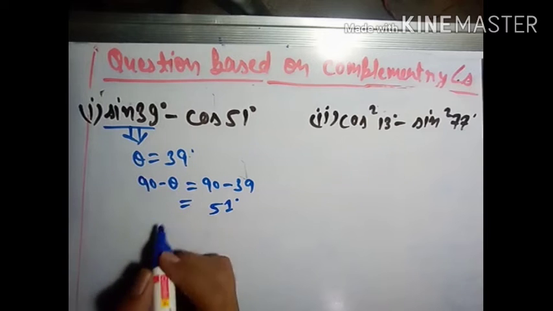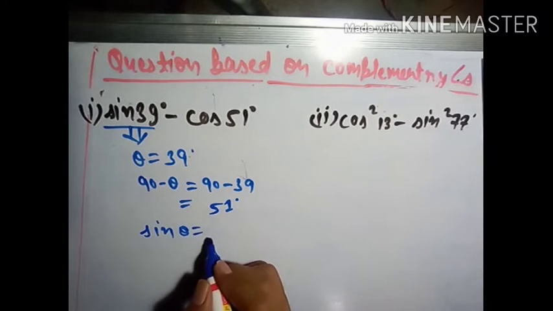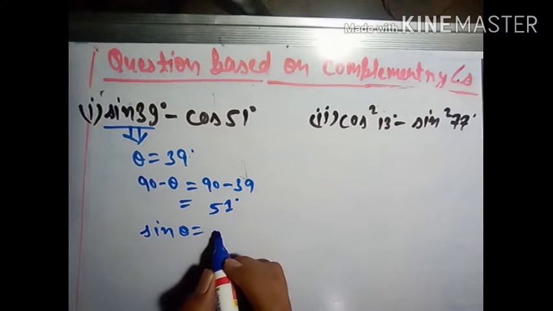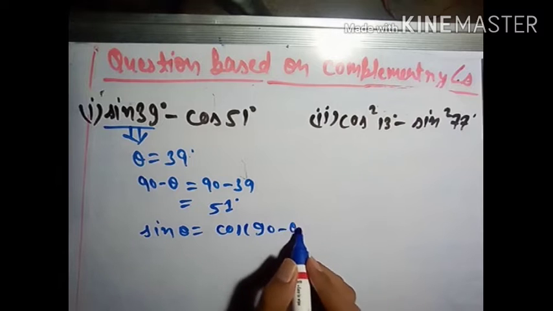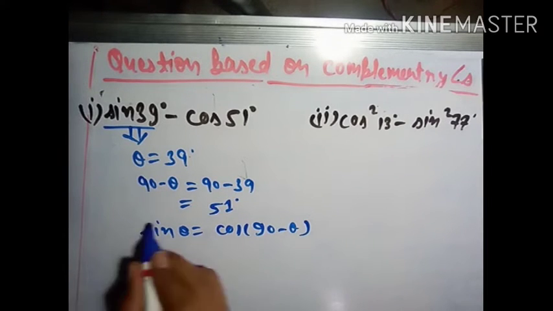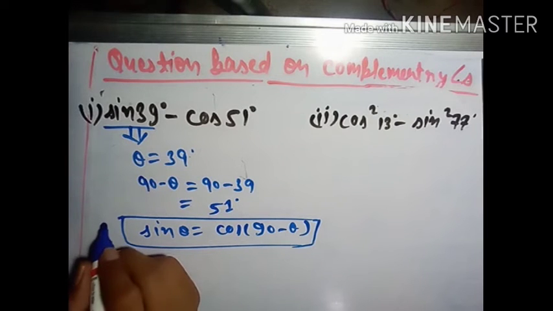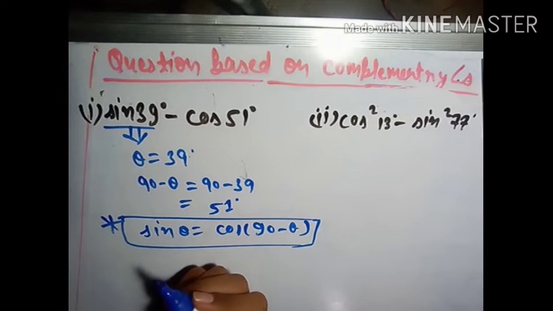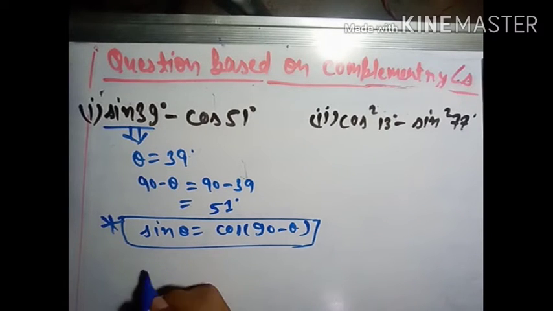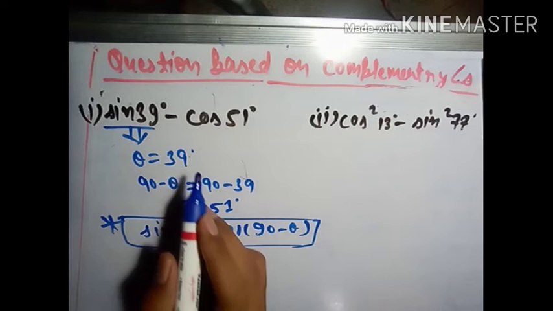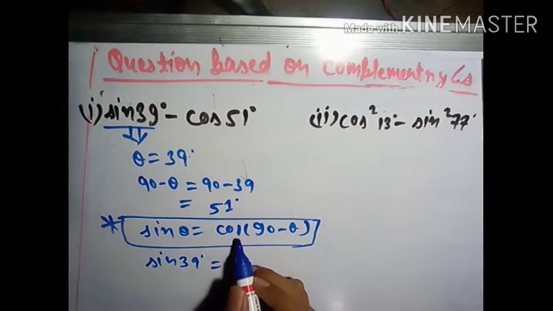So its pair will be sine theta is equal to, this is the general formula I am again writing for you, is equal to cos 90 minus theta. Do you understand? This is the general formula. Every time when you solve this question, when you put this formula, this means you have some knowledge and you are doing the question according to the knowledge. So sine 39, let's put the value of theta, is equal to how much?